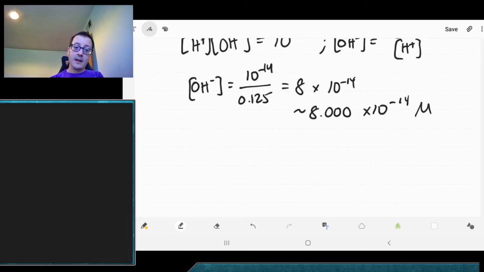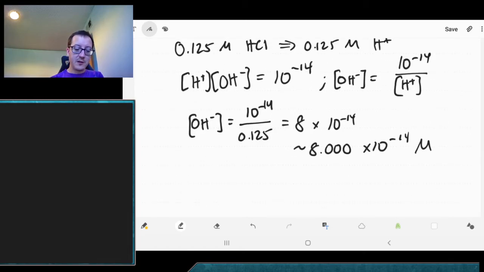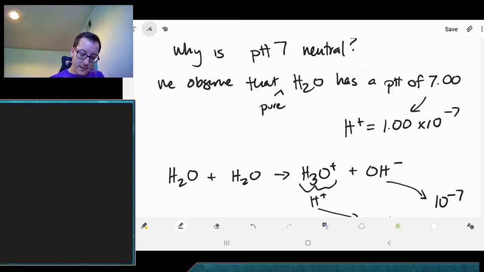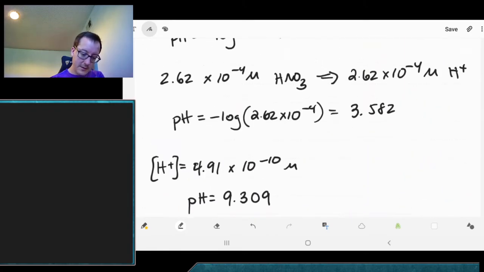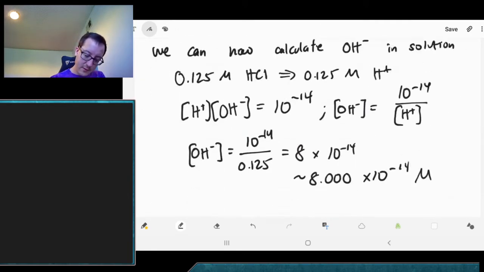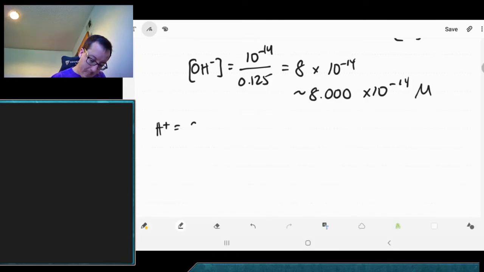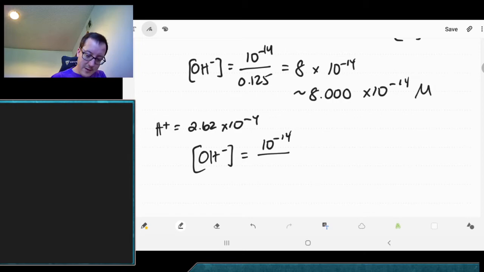So with that, we've seen that the concentration of hydroxide is really, really low in this superacidic solution. If we take a look at that other one we had, the nitric acid solution, the next one was 2.62 times 10 to the negative 4. We're going to see that OH minus would be 10 to the minus 14 over that number.